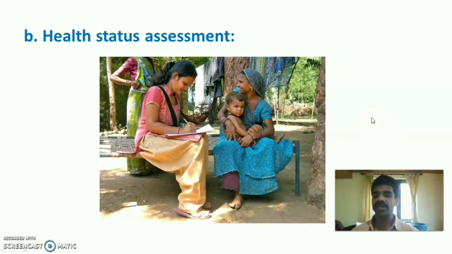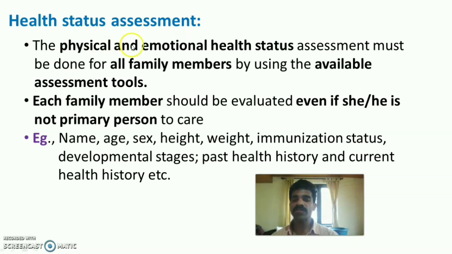Second is health status assessment of all the family members, the complete health assessment of the family members, which includes physical and emotional health status assessment of all family members by using various available assessment tools or proformas. One important point in health status assessment is that each family member should be evaluated even if she or he is not the primary person to be cared for in the family.